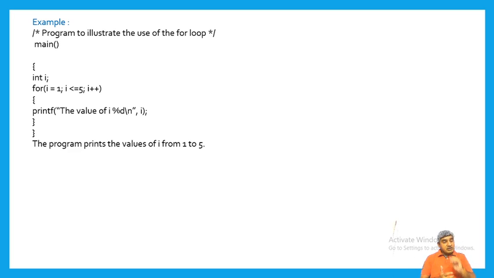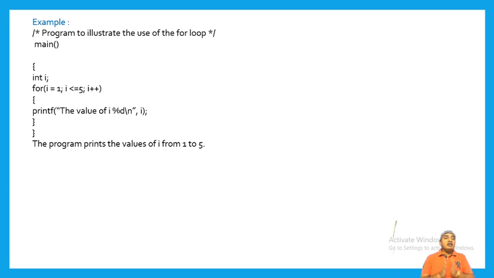While the condition is true, printf, this output function, displays the value of i, that is %d, because i is an integer, and \n for a new line. So it displays the numbers 1, 2, 3, 4, 5 on the screen.